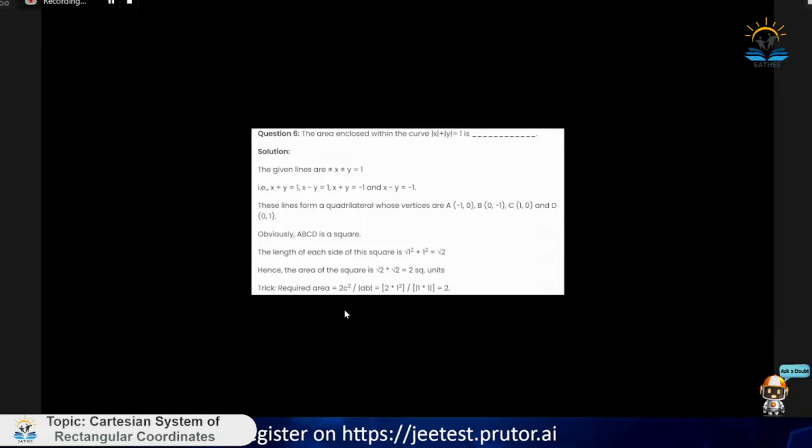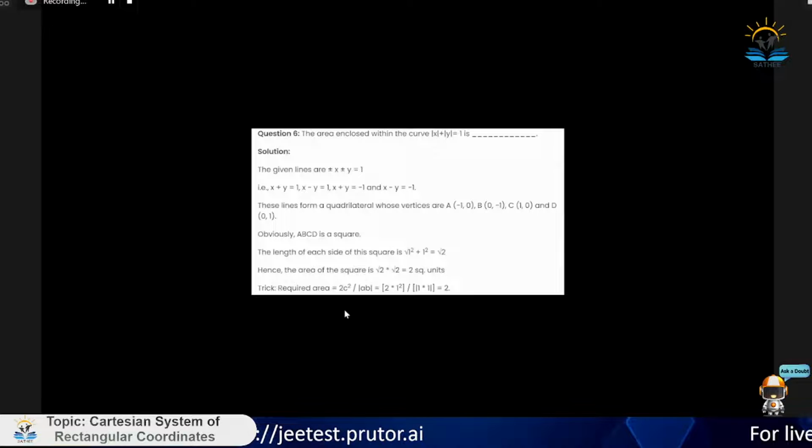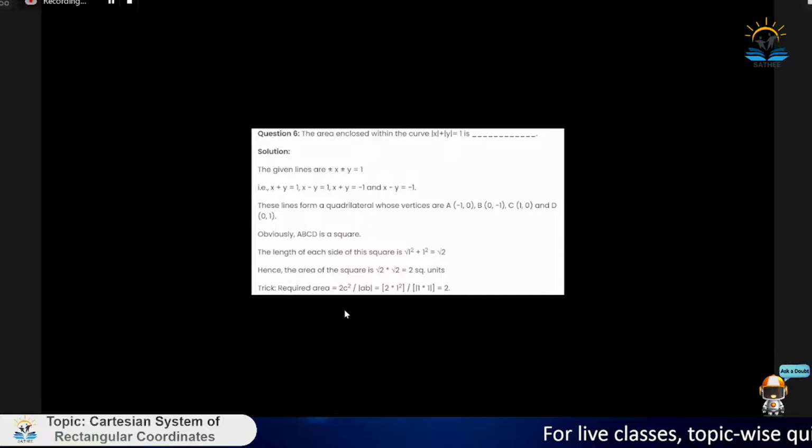And for the next question, the area enclosed within the curve mod x plus mod y equal to 1. The given lines are, we have four lines. So plus or minus x plus or minus y is equal to 1, which is nothing but a quadrilateral.